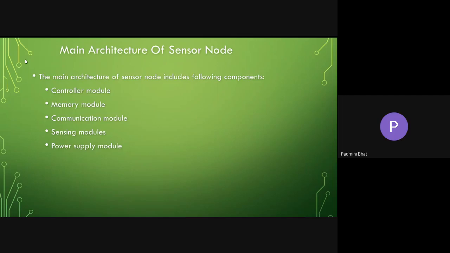Now, coming to the main architecture of the node, a single node. If you talk about the main modules, we have five modules: controller module, memory module, communication module, sensing module, and power supply module.